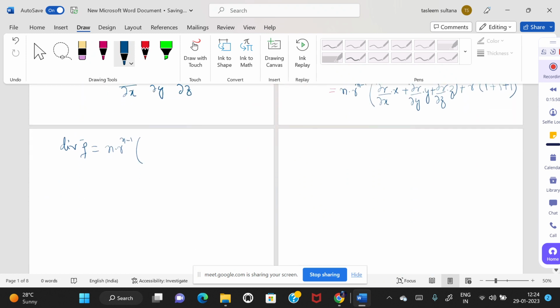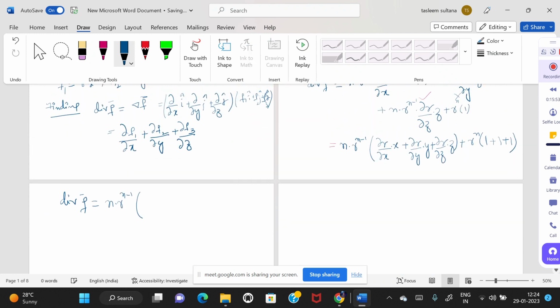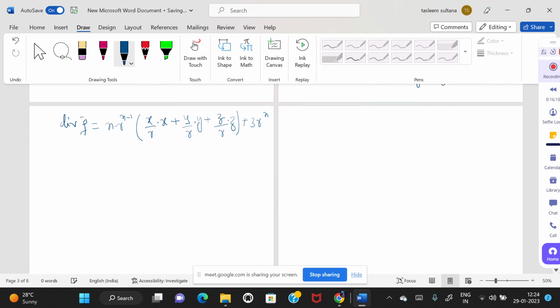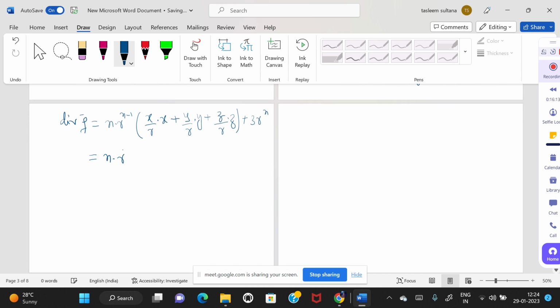That we can write as x by r into x, plus y by r into y, plus z by r into z, plus 3 r to the power of n, which equals n into r to the power of n minus 1 of x square by r plus y square by r plus z square by r, plus 3 r to the power of n.